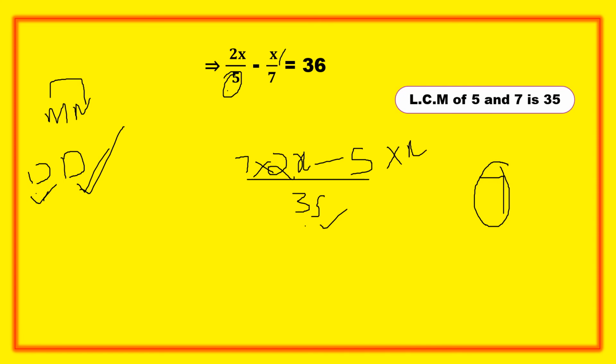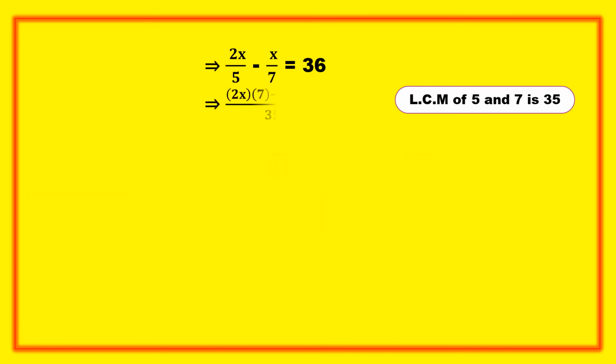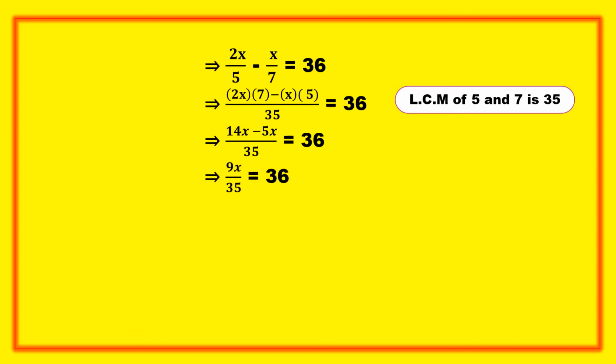So you'll get 14x minus 5x. 2x into 7 minus x into 5 gives you 14x minus 5x. When you subtract, you'll get 9x. You can subtract only when they are like terms. Here they are like terms because both have the variable x. So 14x minus 5x is 9x by 35 equal to 36.